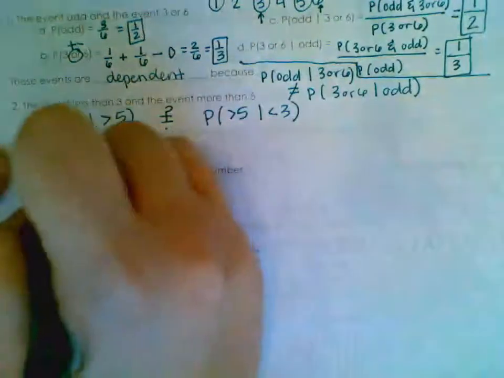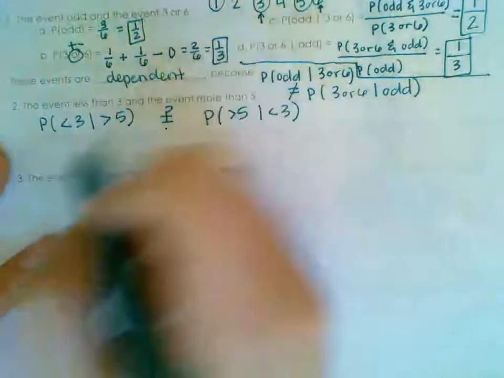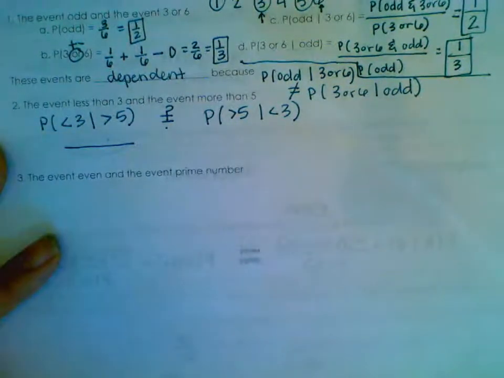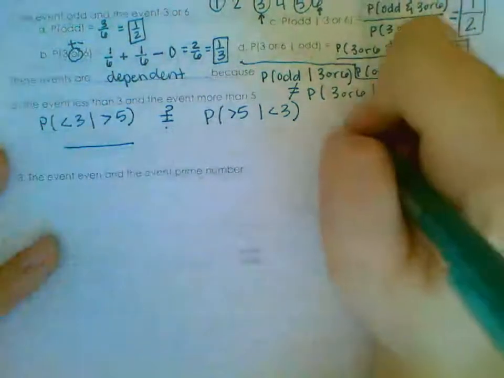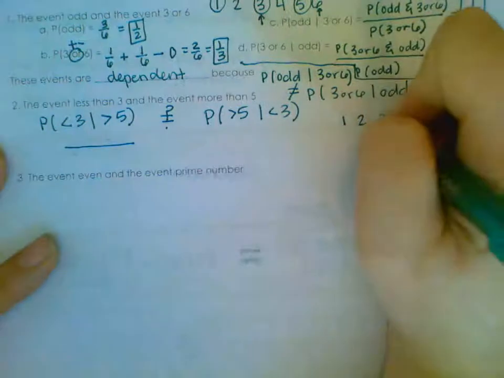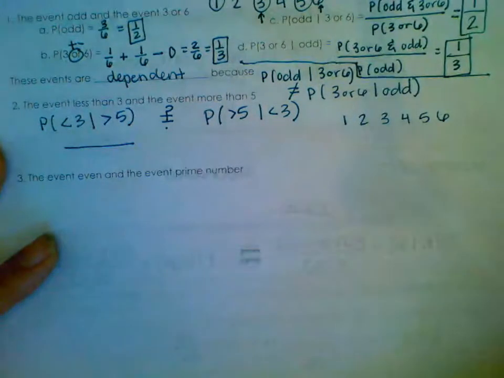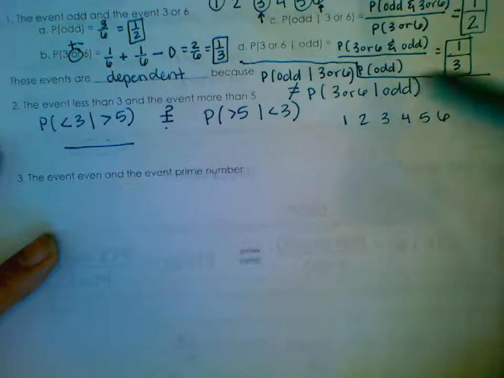Okay, so let's look here. Remember, on the top, we want the probability of less than 3 and greater than 5. So let's look at these numbers: 1, 2, 3, 4, 5, and 6. Let's see how many of these are first less than 3.